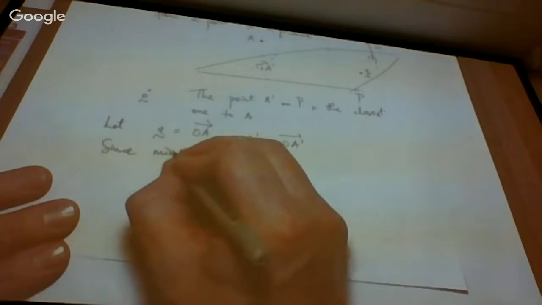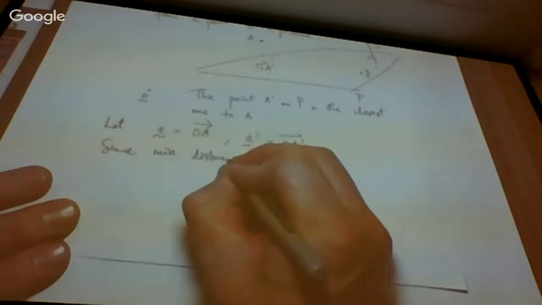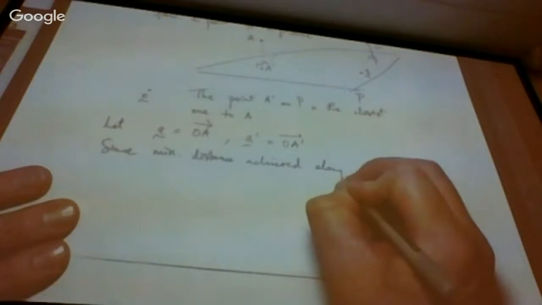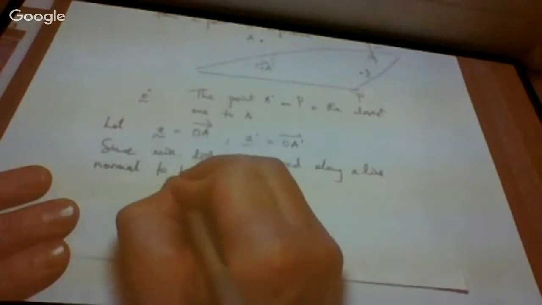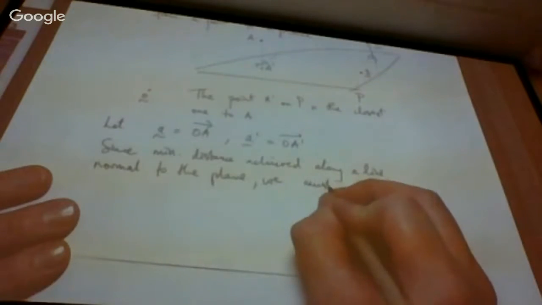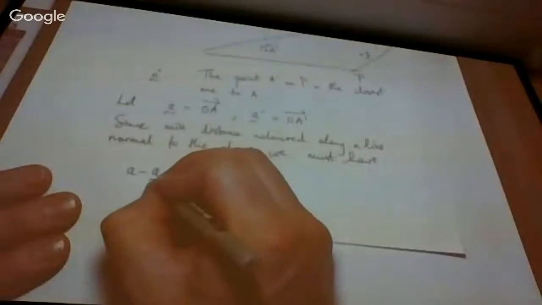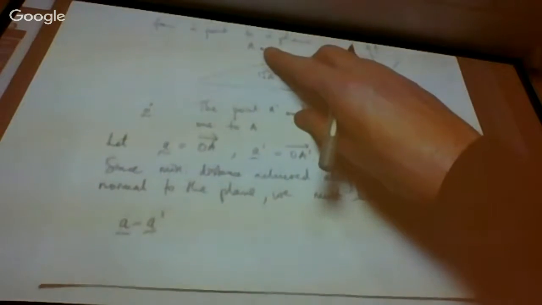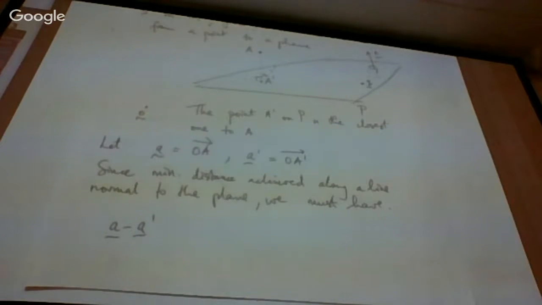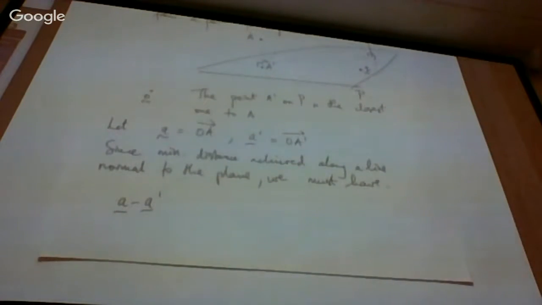Since the minimum distance is achieved along a line perpendicular to the plane, normal to the plane, we must have that A minus A prime, the difference of these two vectors, is the vector pointing from A prime to A, or it doesn't matter in which direction you take it. It's going to have the same magnitude.